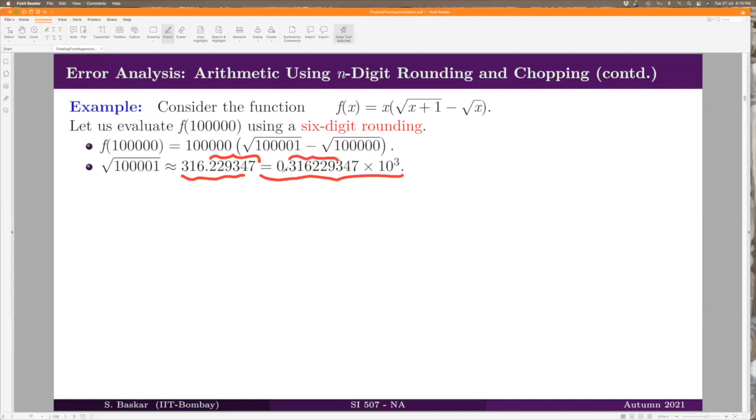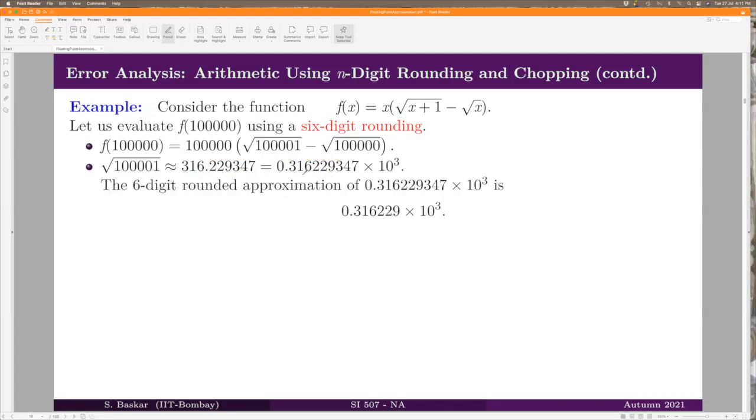Remember, the mantissa is what you get by writing the number in this form, where the important point is that D1 should be not equal to 0, and you don't have any non-zero number before the decimal point. So it's always better to first write it in the floating point form and then do the 6-digit rounding. That will avoid unnecessary mistakes.